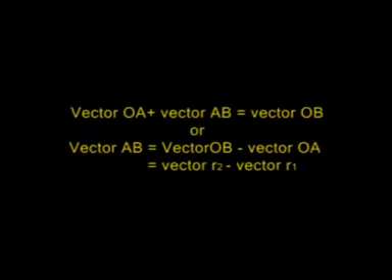The displacement of the object after a time interval t2 minus t1 is vector AB. According to the triangle law of vectors, vector OA plus vector AB is equal to vector OB, or vector AB is equal to vector OB minus vector OA, which is equal to vector r2 minus vector r1.